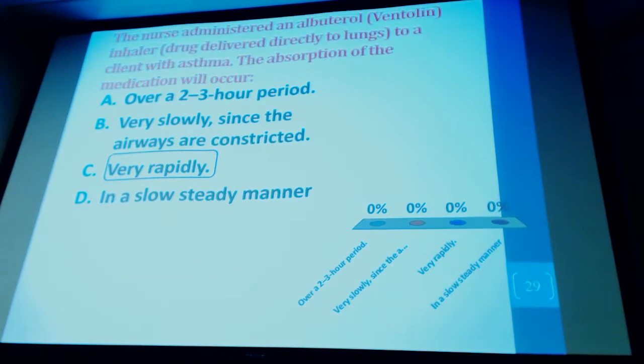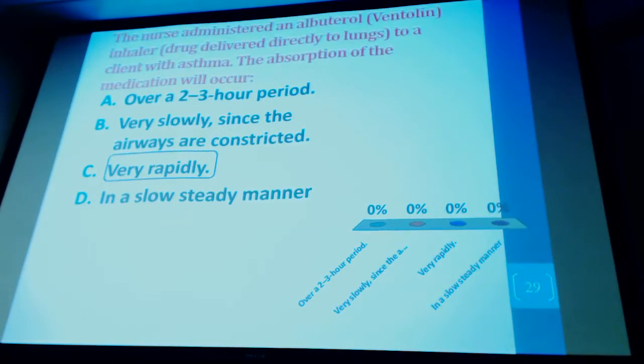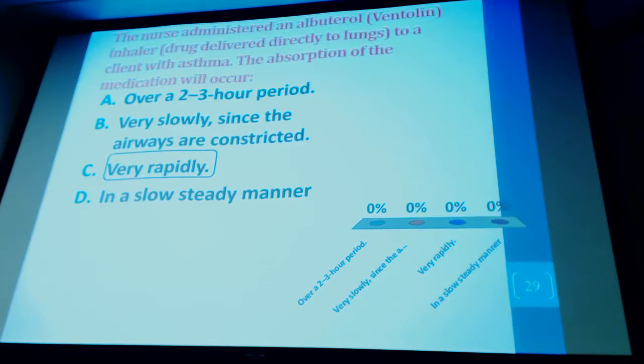And it is very rapid because your lungs are well supported by the circulatory system, so they inhale that medication, it goes right into the bloodstream. It doesn't make any difference if the bronchus is constricted partially. This medication is going to open up the airways, cause those muscles to relax. But we have so many blood vessels in the lung, of course, that it's going to be absorbed very, very quickly.